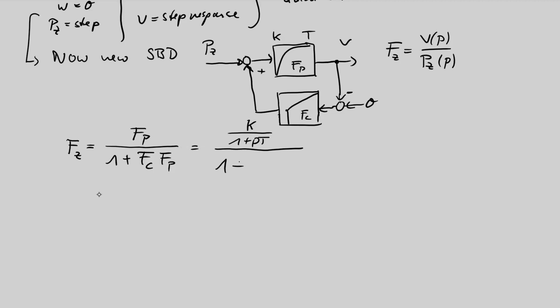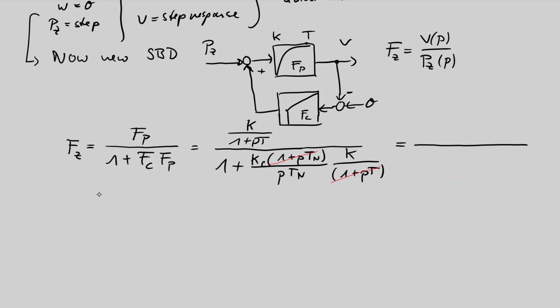And in the denominator we have the old well-known product of the controller transfer function multiplied with the process transfer function with the well-known pole compensation. If we now factor this out, we have to multiply with Ptn, with this denominator, and the complete numerator and denominator multiply with this denominator. Then we get the following final expression.